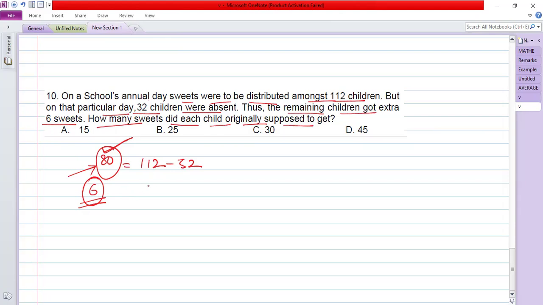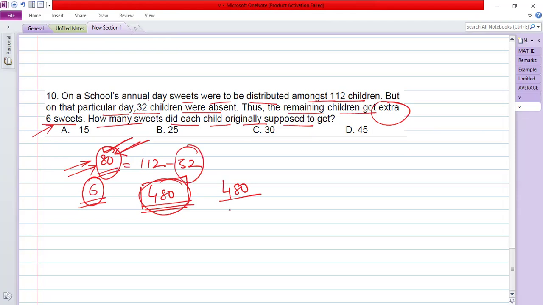Here, a total of 480 extra sweets have been distributed among these 80 students. Why extra? Because each of these 80 students got six sweets extra. Now these 480 extra sweets are due to what students?